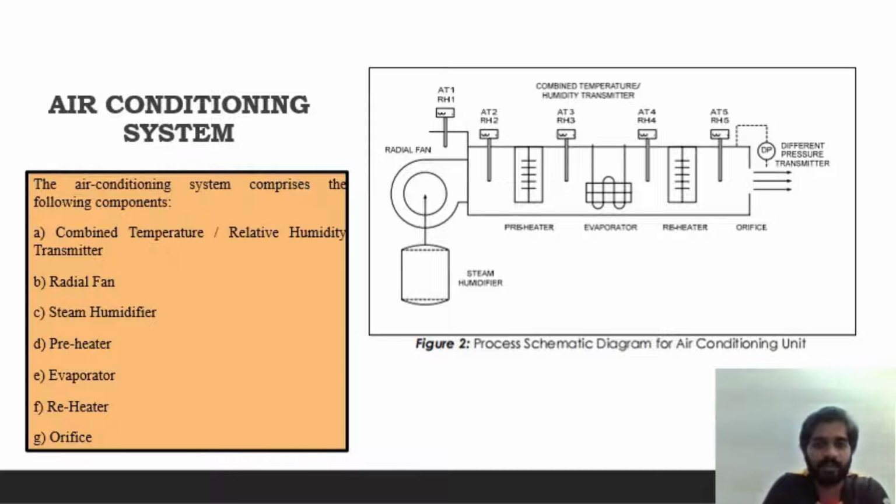The next part is the evaporator, used as the direct evaporator of a refrigeration unit. The reheater is constructed in exactly the same way as the preheater. The last component is the orifice, where the mass flow rate can be calculated from the orifice correlation by measuring the differential pressure across the orifice.